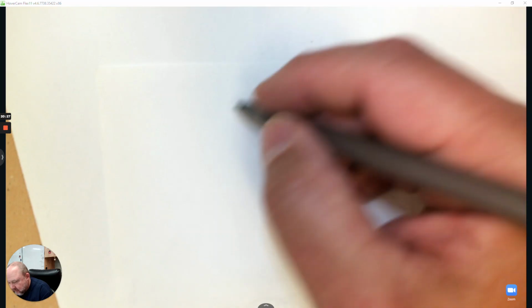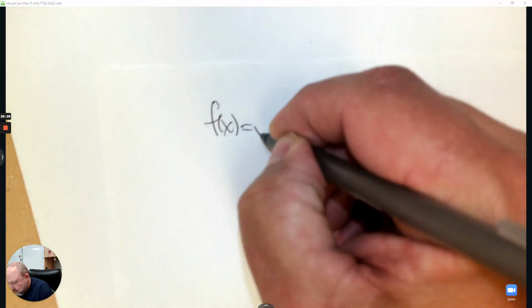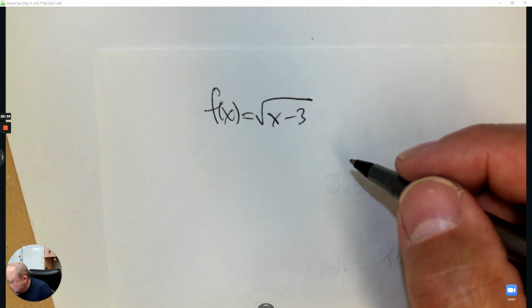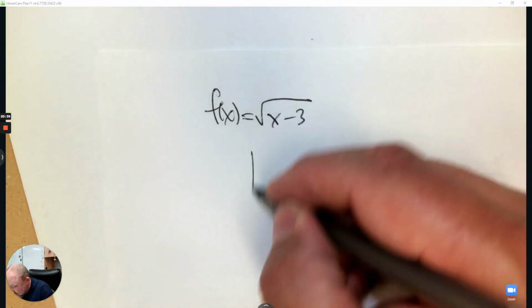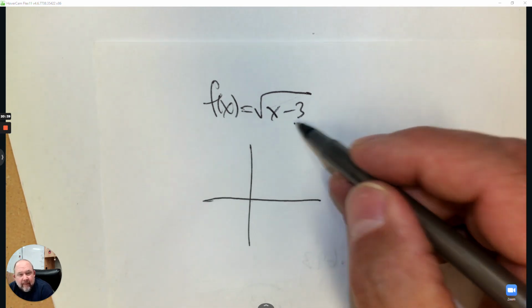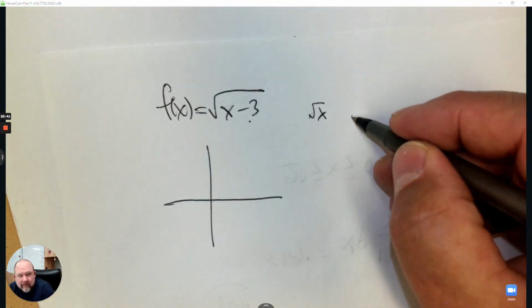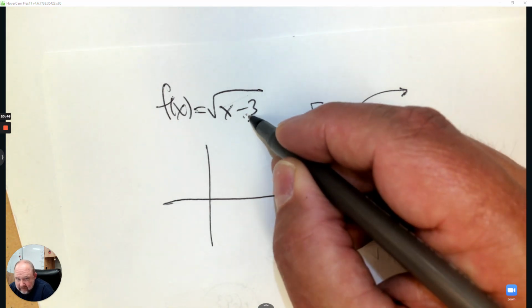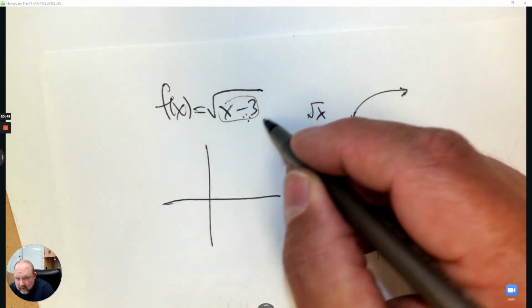Let f be the function, f at x equals the square root of x minus 3. So first of all, sketch this. This is no calculator. So if I sketch this, the square root of x, I know what that looks like. Subtract 3 means it moves 3 to the right. When it's under here, it goes the opposite direction.